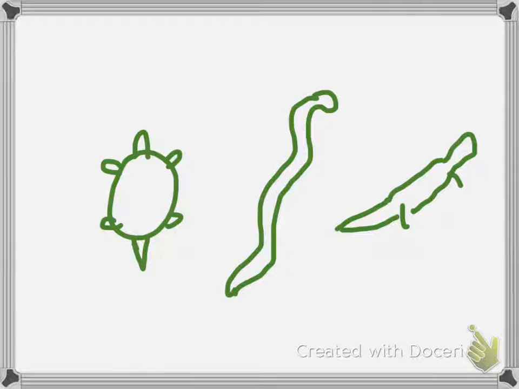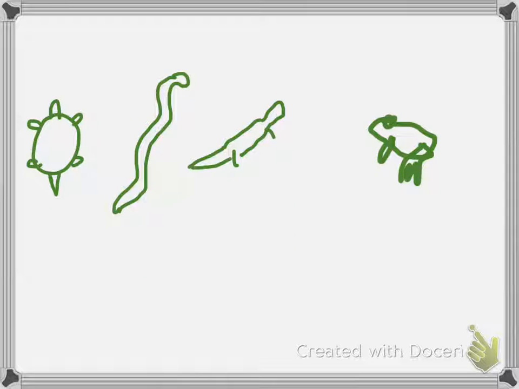Do they nurse their young? No, they let them go. No parental care whatsoever. Do they have fur? No. We know these things are all reptiles. We know these things are all pretty closely related. Are these things closely related to a frog? Yes.